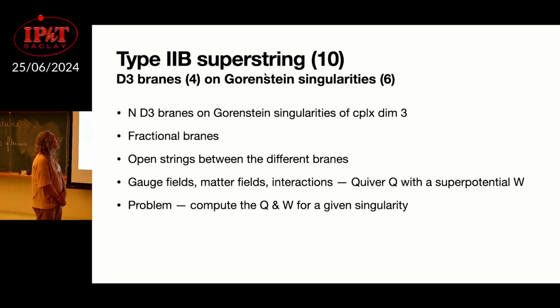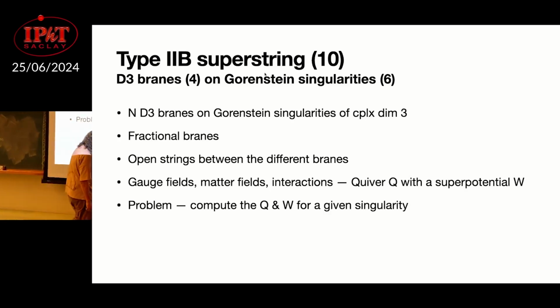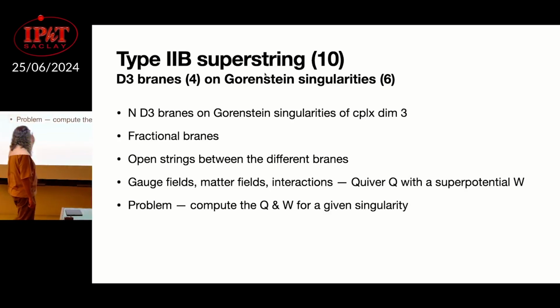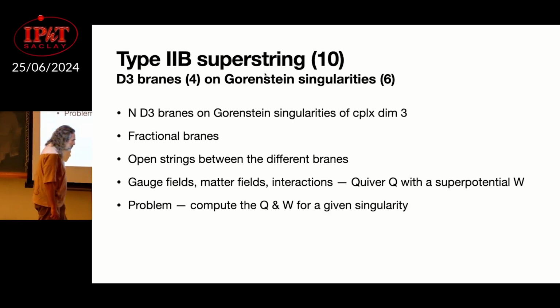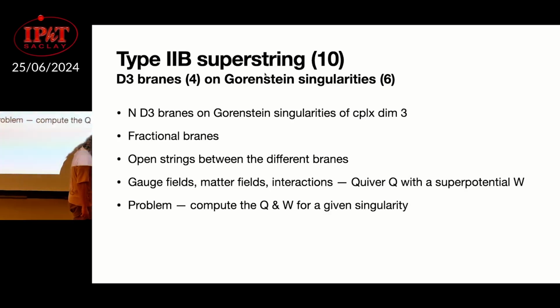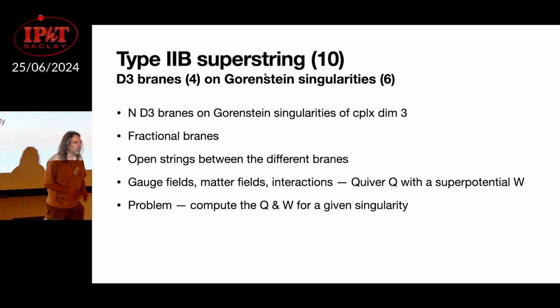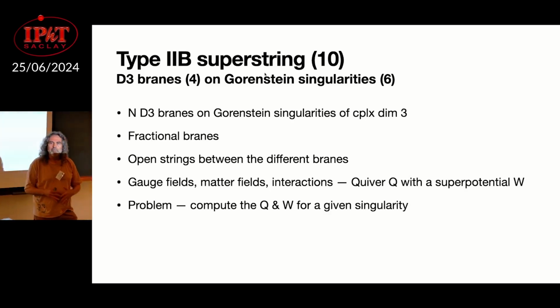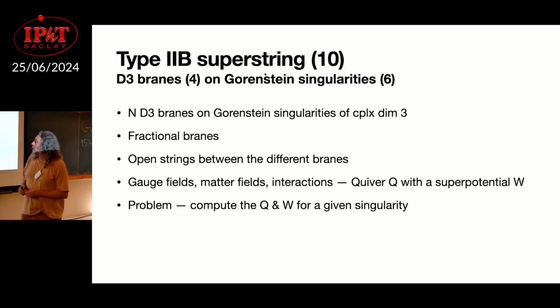They become fractional, and the bigger the singularity is, there will be more fractional branes. And a brane has this interesting feature that gauge fields live on its world volume. So we should think about many gauge fields. And those gauge fields talk to each other, they interact. There are some strings which are connecting between the different branes.